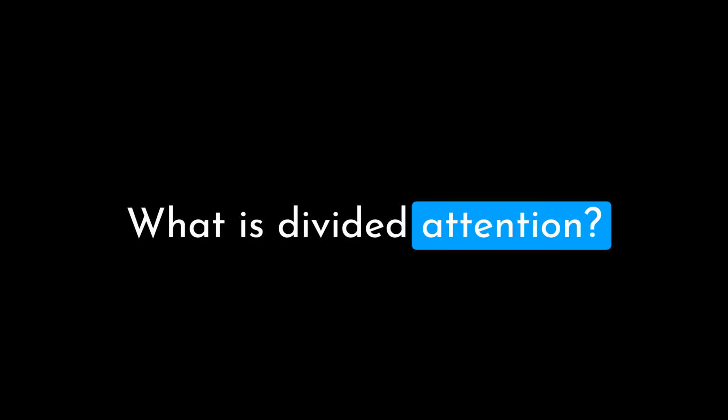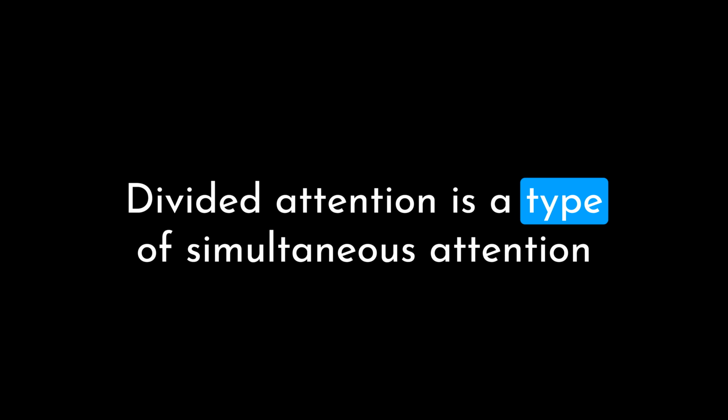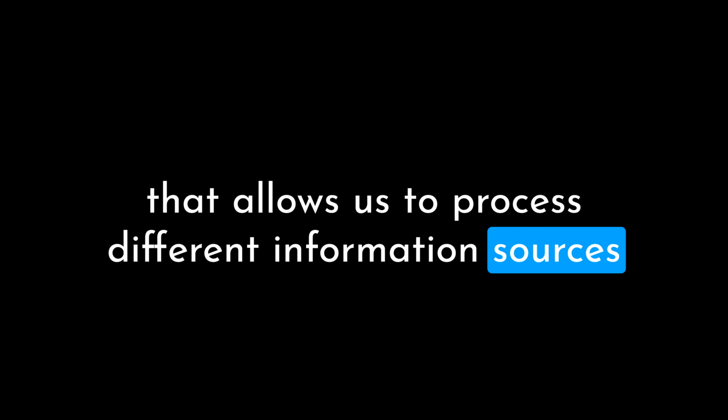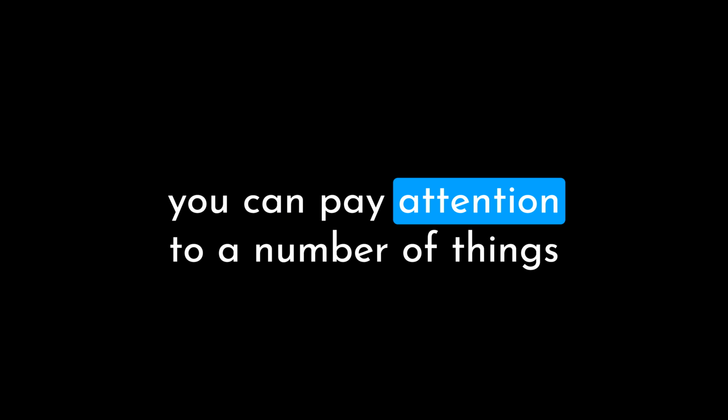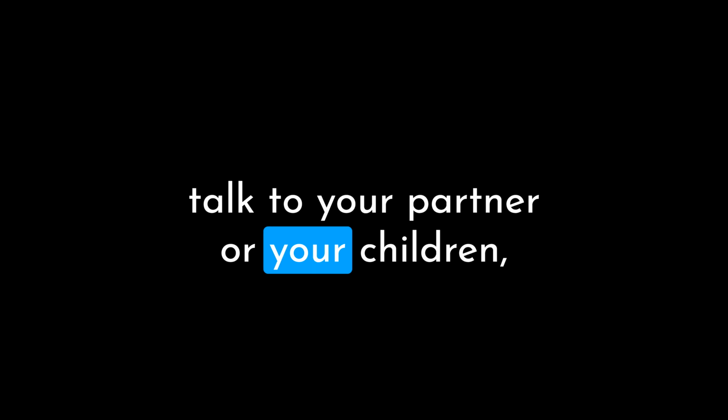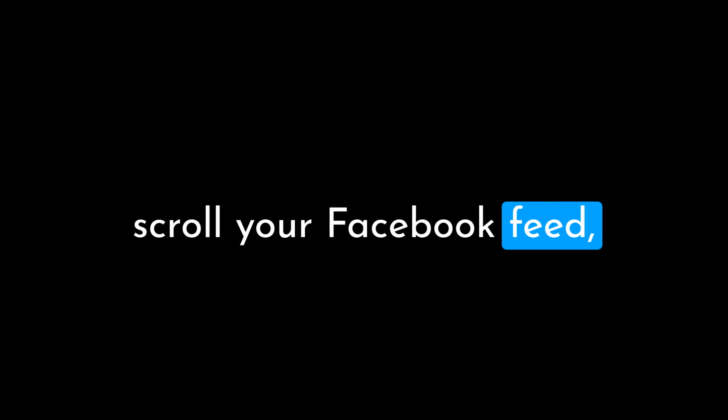What is divided attention? Divided attention is a type of simultaneous attention that allows us to process different information sources and successfully carry out multiple tasks at a time. When you watch a movie, you can pay attention to a number of things happening on the screen and eat popcorn, talk to your partner or your children, scroll your Facebook feed, look at your phone, prepare a meal at the same time.